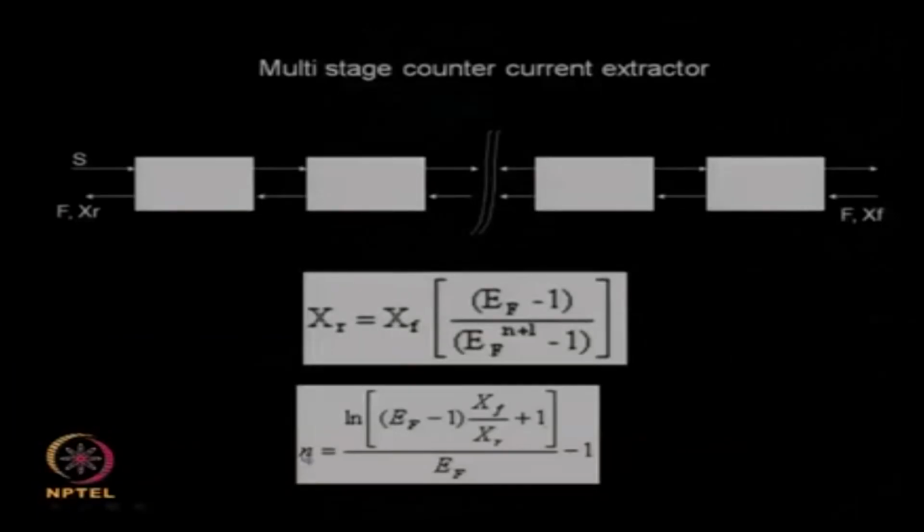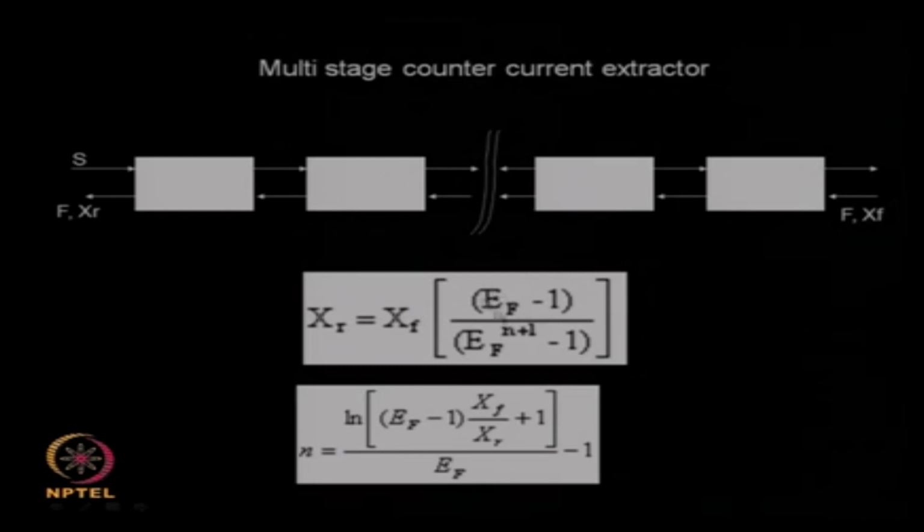So if you do that, you will end up with this type of equation where XR is the concentration of the solute that is leaving the end stages, and XF is your feed concentration, okay.